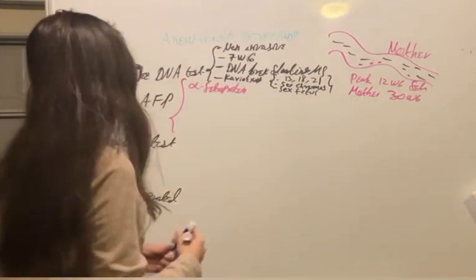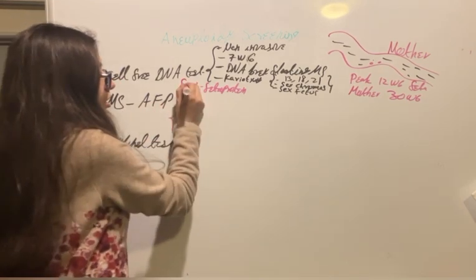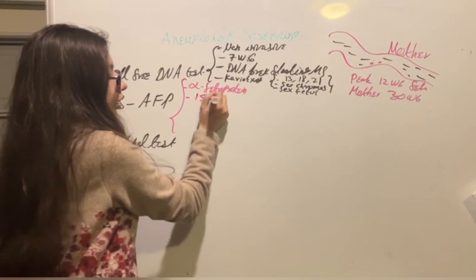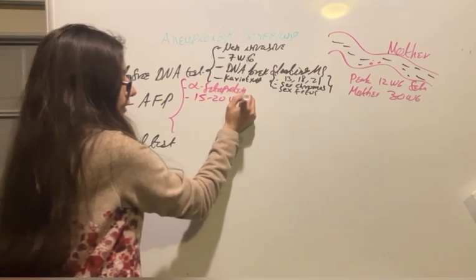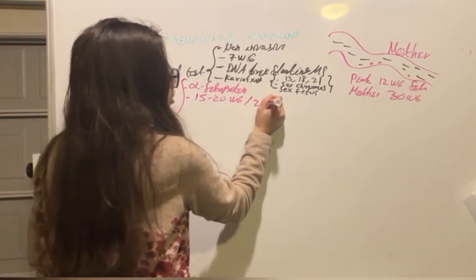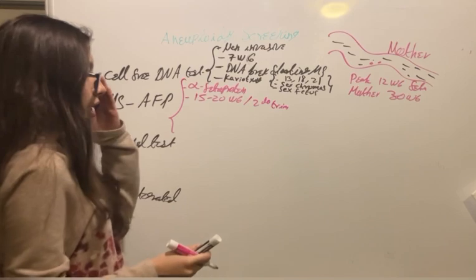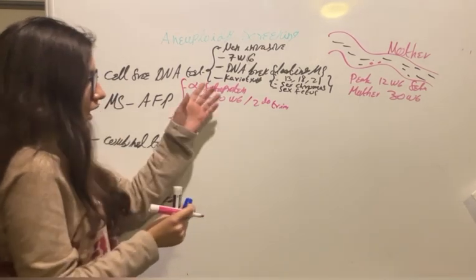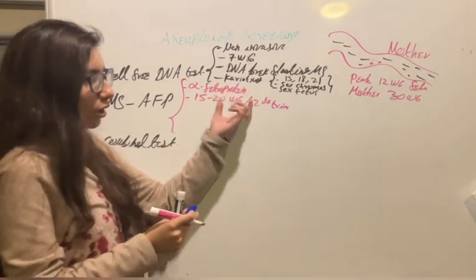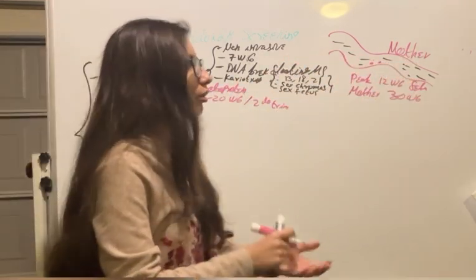Even though, the maternal serum alpha fetoprotein test is done between 15 to 20 weeks gestation. So this is during the second trimester. And here we are measuring the levels of the alpha fetoprotein, which is produced by the fetus, but in maternal serum.